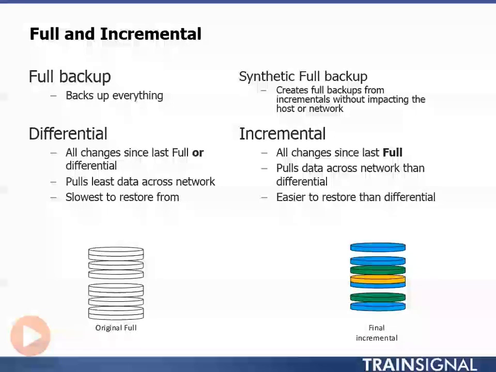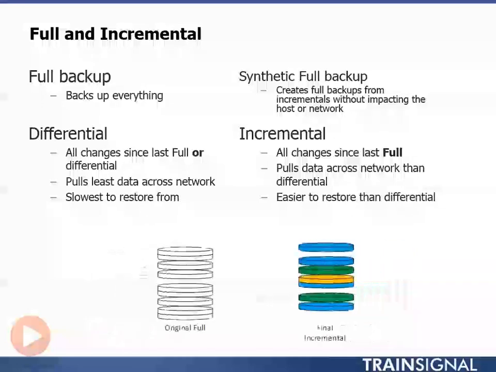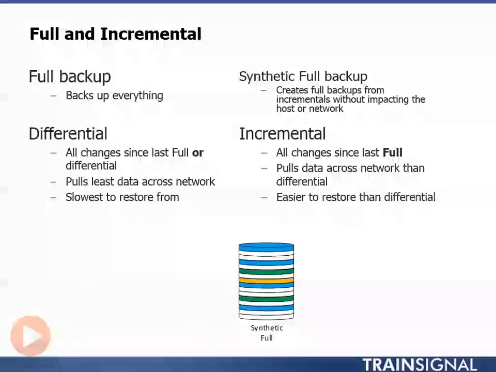We've just changed the picture of that previous full now to have just the unchanged data, and we merge the two. And voila! What we have is a synthetic full backup image.